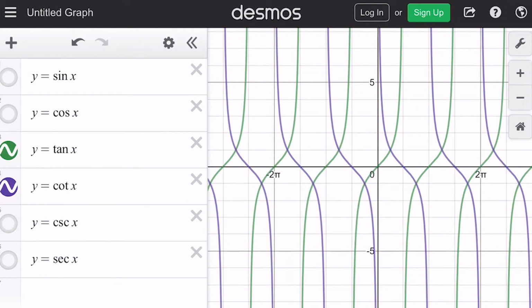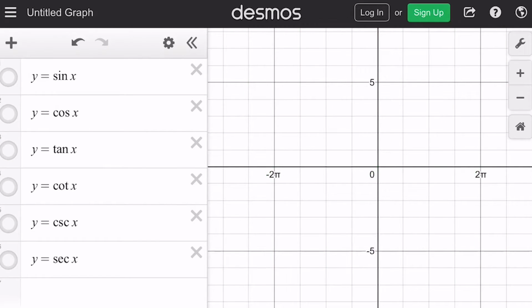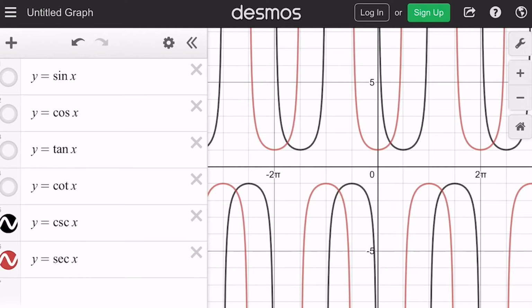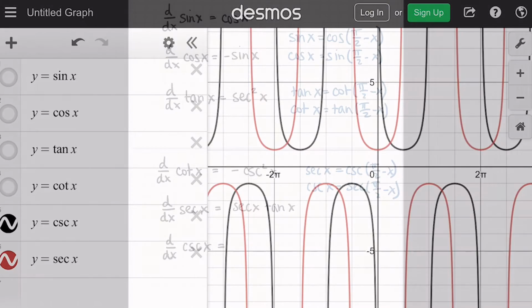They both have this sort of vertical swooshy graph that are offset by pi over 2. And cosecant and secant, you can see, also have basically the same shape of graph with that slight offset of pi over 2. So if you understand the graphs of these functions, just in terms of their basic shapes, then you'll easily remember how to pair off the functions as cofunctions.